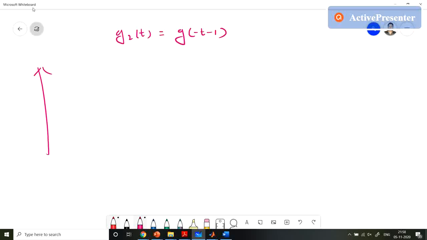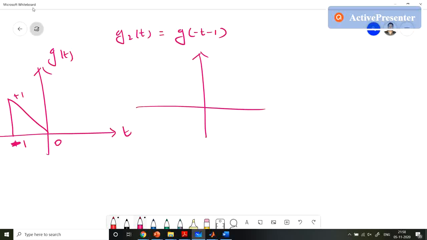So this is Gt. What we will get is Gt minus 1, which will provide us this equation.